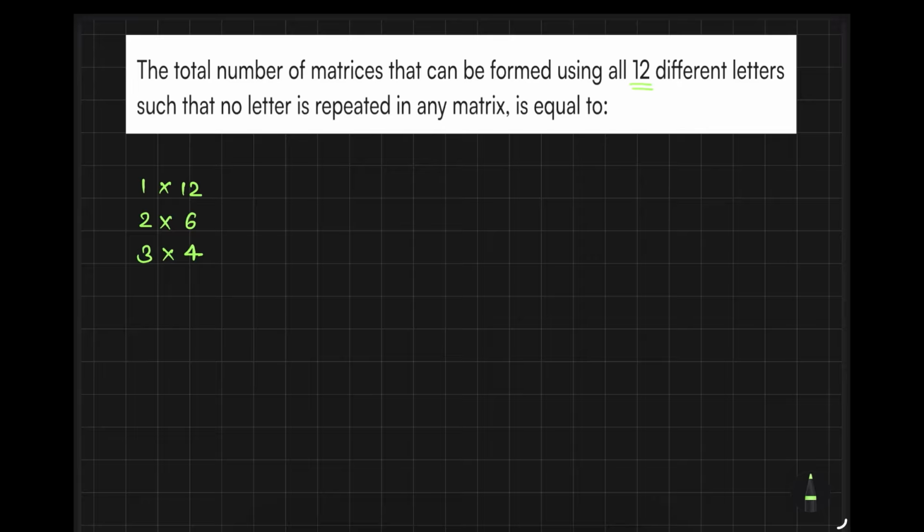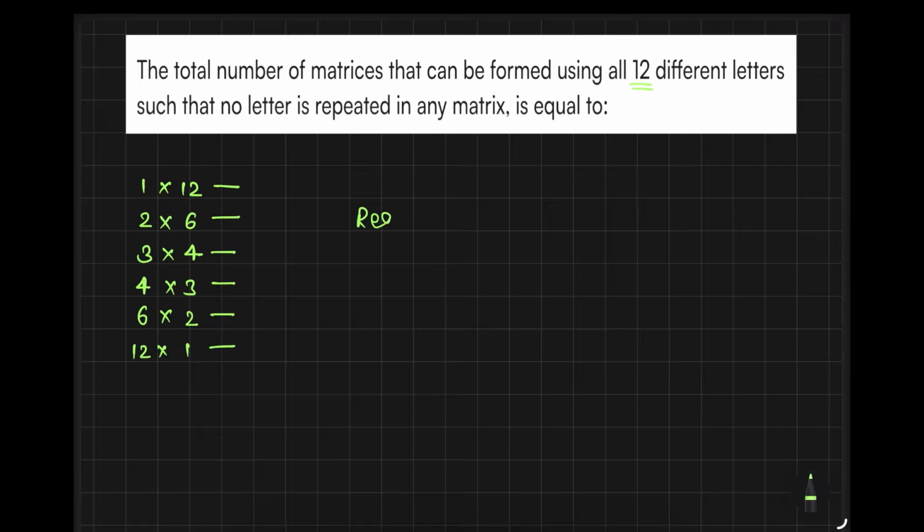Now you can change the order as well. So it can become 4 cross 3, 6 cross 2 and 12 cross 1. So how many ways? 1, 2, 3, 4, 5, 6. So 6 different types of matrix are possible.